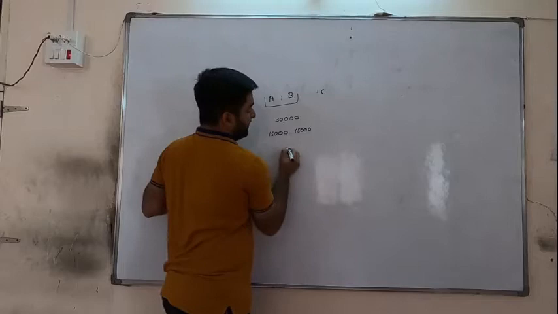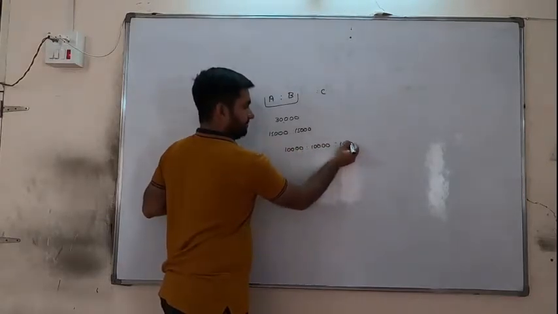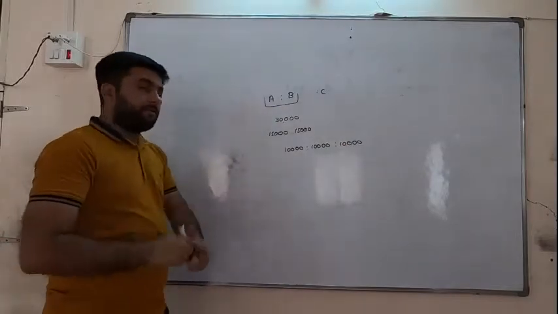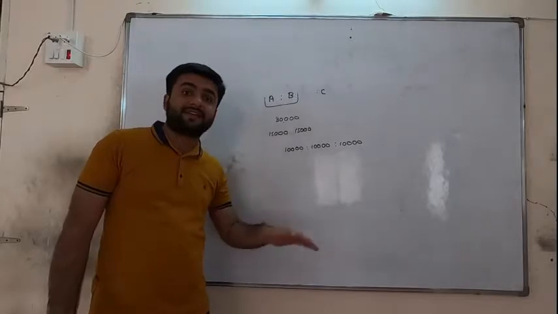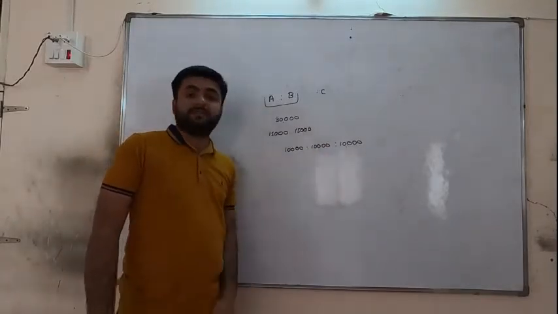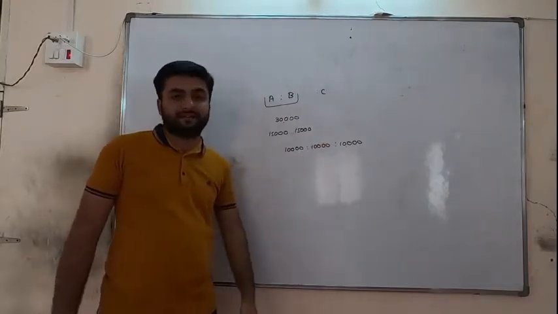And if C is to be included, then each will get 10,000. Now see, previously A and B were getting 15-15, now they are getting 10-10, so they are sacrificing their 5,000 for C. So C is getting their 5,000.